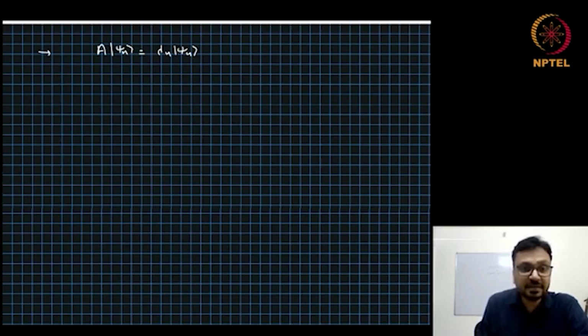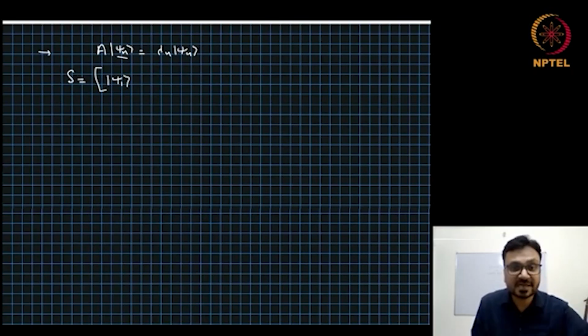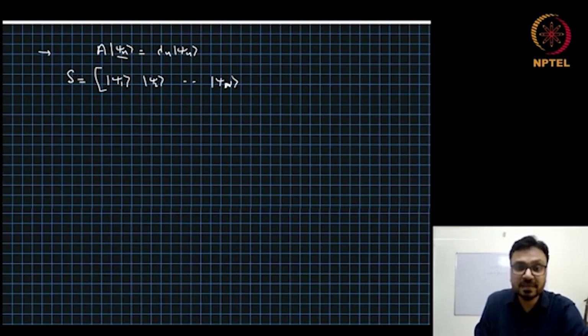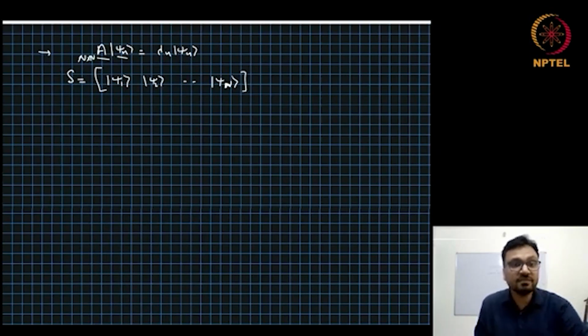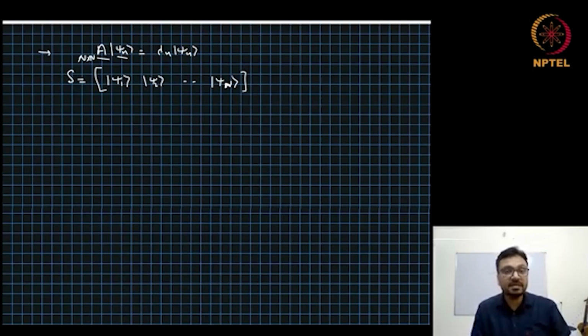Now let us define a matrix S which is made by using the eigenvectors of the operator A in the following way. We put the first column as the first eigenvector, the second column as the second eigenvector, and the nth column as the nth eigenvector. We are assuming the matrix A was n by n, so the vector psi n will also be an n-dimensional vector, and there are n of them.